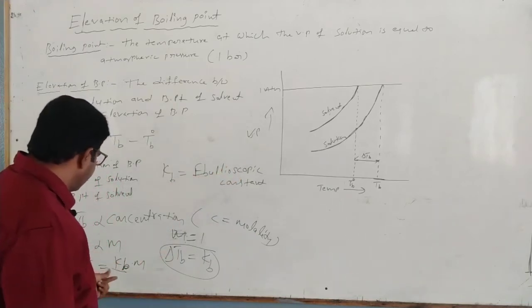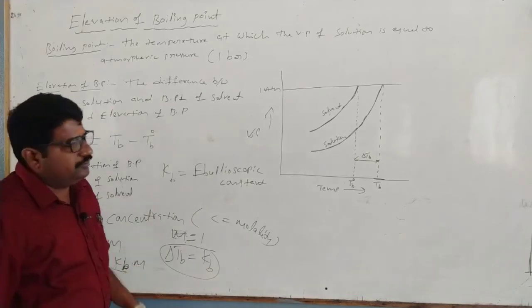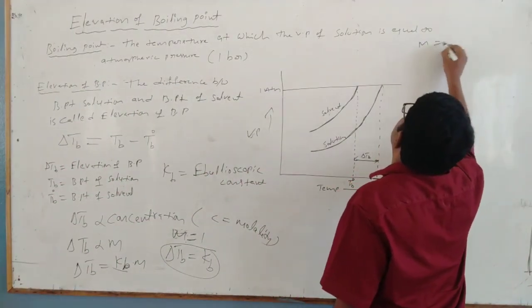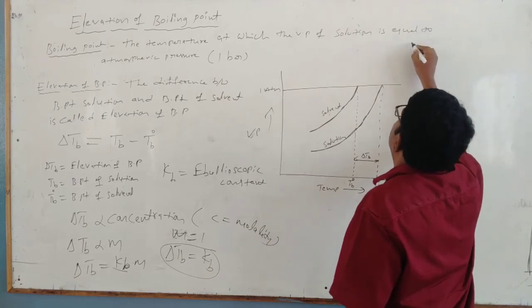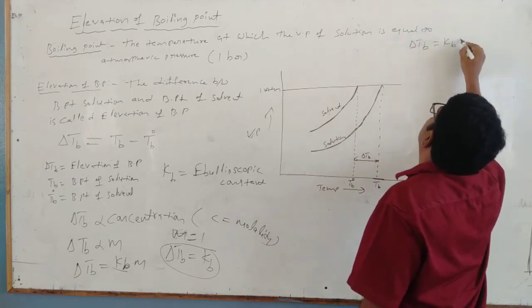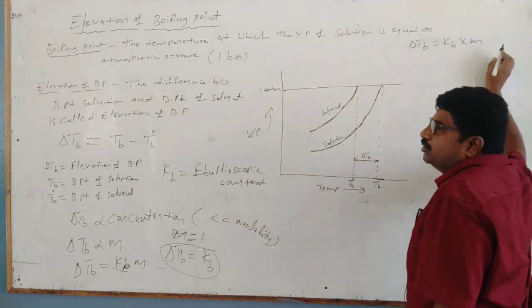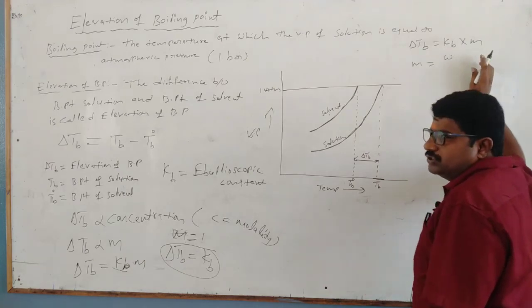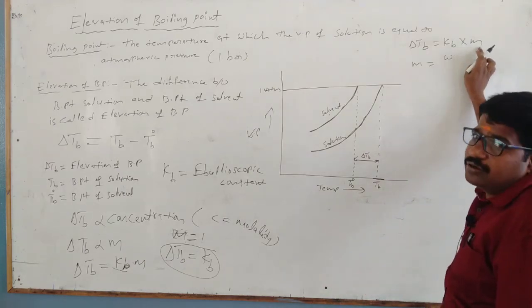Then how do we calculate the molar mass of the solute from the elevation of boiling point? Already you know delta Tb is equal to Kb into molarity, where M is the molarity of the solute.